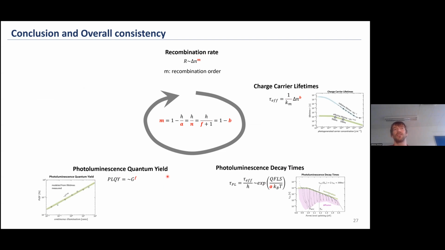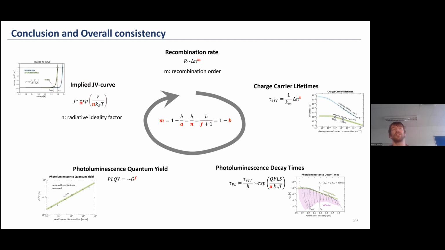You have the photoluminescence quantum yield, which then also increases with an exponent depending on the generation. And you have the implied JV curve, which also has in the JV curve this exponent here, which is the radiative ideality factor. Basically, all of these exponents are connected to each other by these equations, and you can take one and convert it into the other. And this is all consistent in the end with each other.